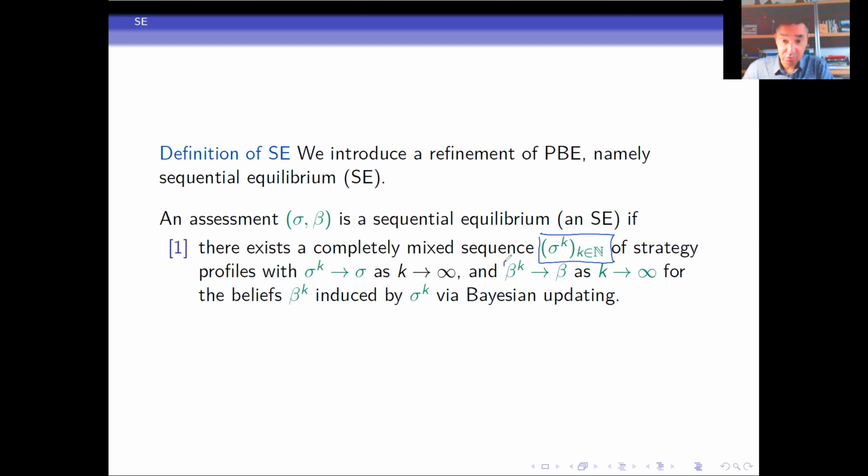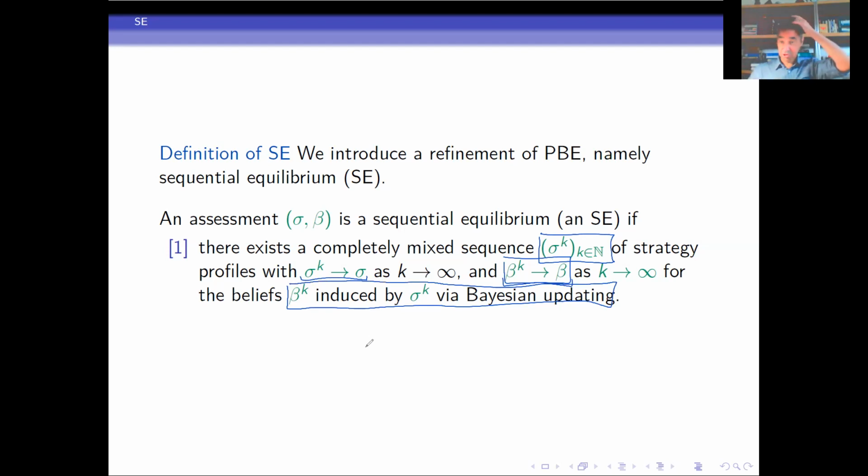And you have to be able to construct a corresponding beta k in such a way that the sequence sigma k converges to sigma, the beta k's converge to beta, and the beliefs are induced by sigma k via Bayesian updating.